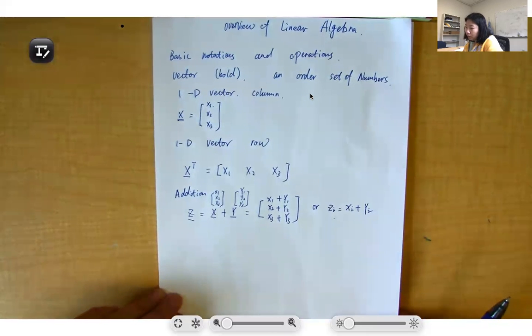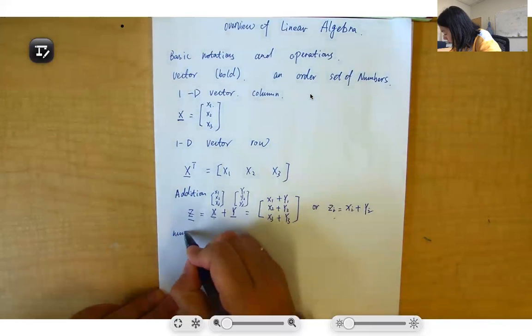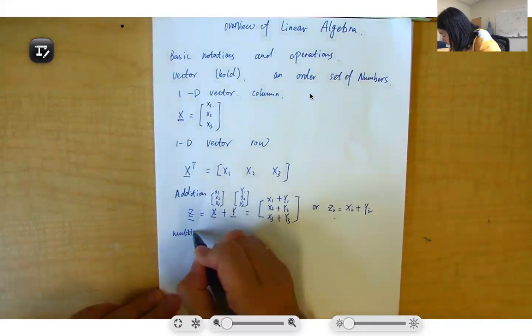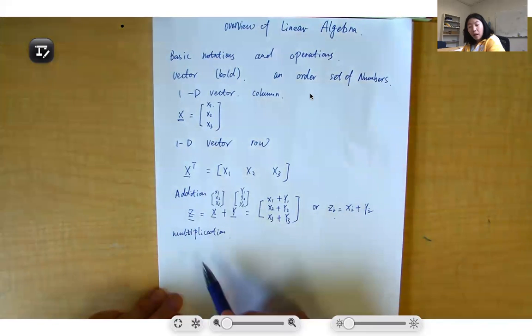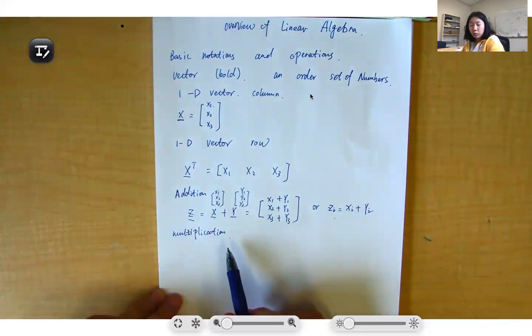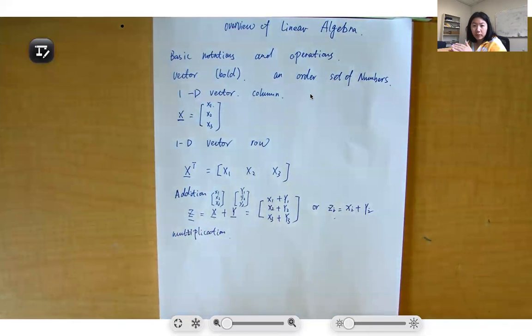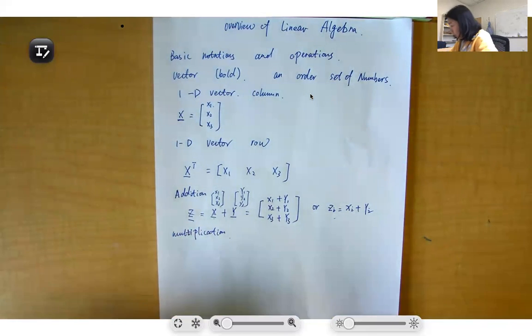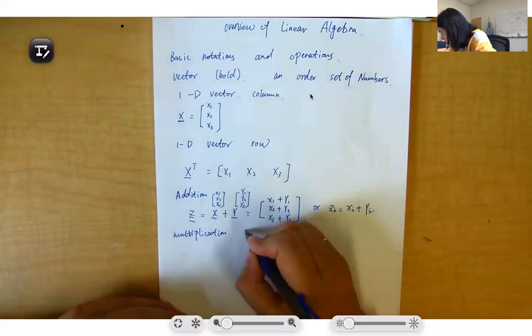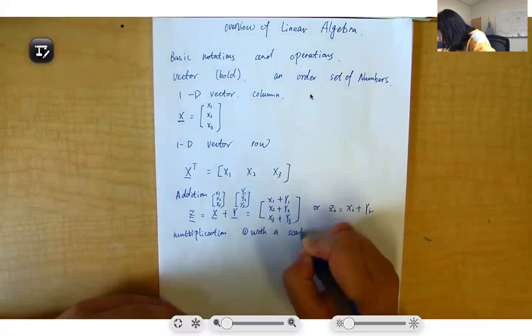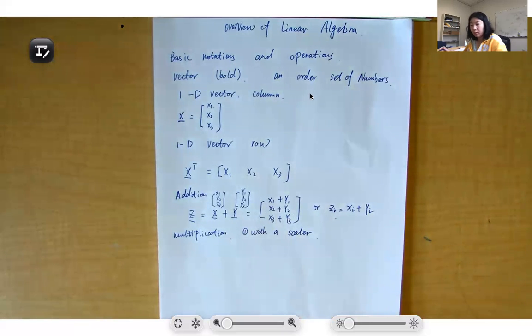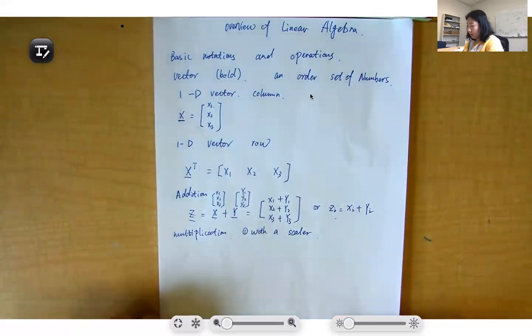You can also do multiplication for the vector. You can multiply two vectors, or you can just multiply with a scalar. Let's try first with a scalar. That is a simple one. Basically, you just multiply by a number.